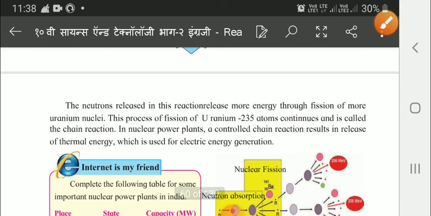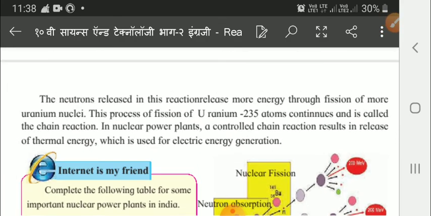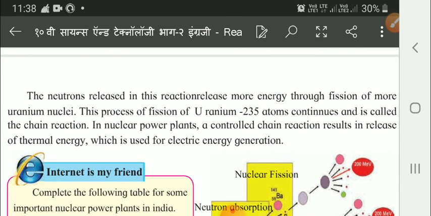So here we'll see, children, the neutrons which are released in these reactions give more energy through the fission of more uranium nuclei. The first time, one uranium nucleus was bombarded with a neutron. Here three uranium atoms are bombarded with three neutrons. So in this process, fission of uranium 235 atoms continues, and this forms a chain reaction.